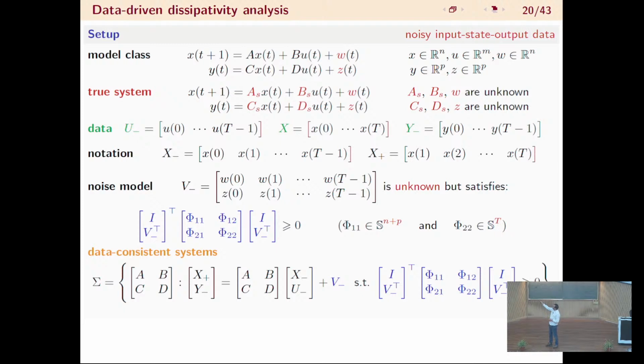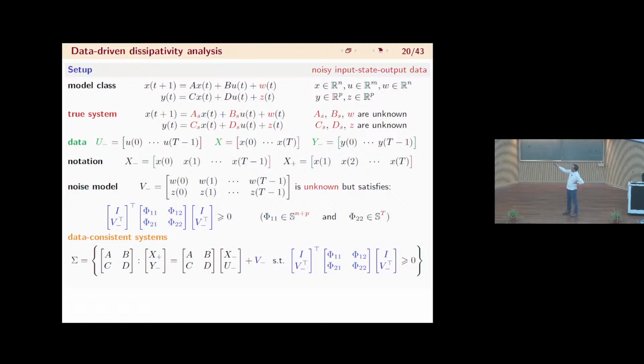So I look at this model class now, where W and Z are both noise terms, and I assume that A_S, B_S, C_S, D_S are unknown, as well as W and Z. In the H infinity control, I assumed C and D to be known. This time, I assume C and D to be unknown. And I assume that I can collect input, state, output data. So these data are given.